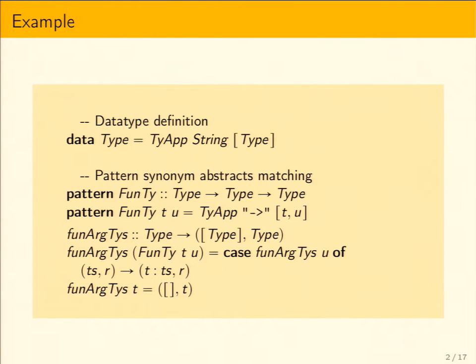And using this pattern synonym, we can write a function which takes apart a function type into a list of argument types and a result type by just pattern matching on this pattern synonym, which means that it reads exactly how you would want to read it if you could change the representation for this particular function. But of course, by not changing the representation, you retain all those other generic traversals over this type.